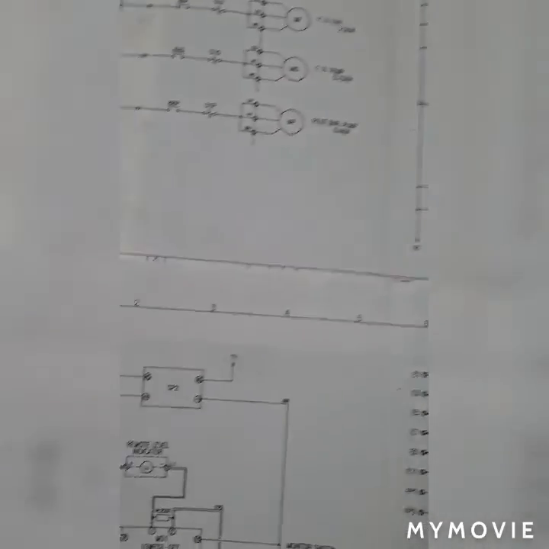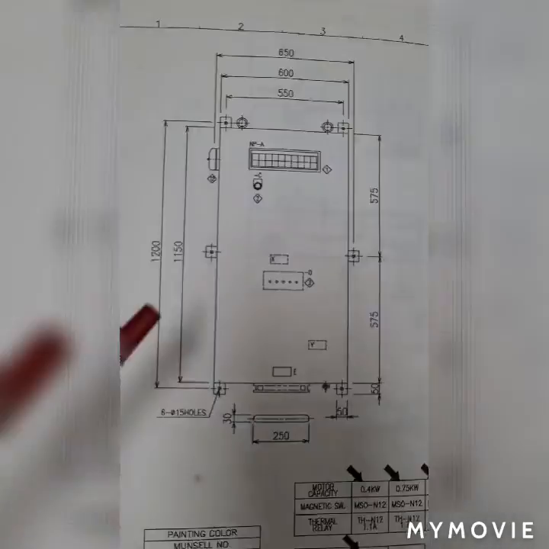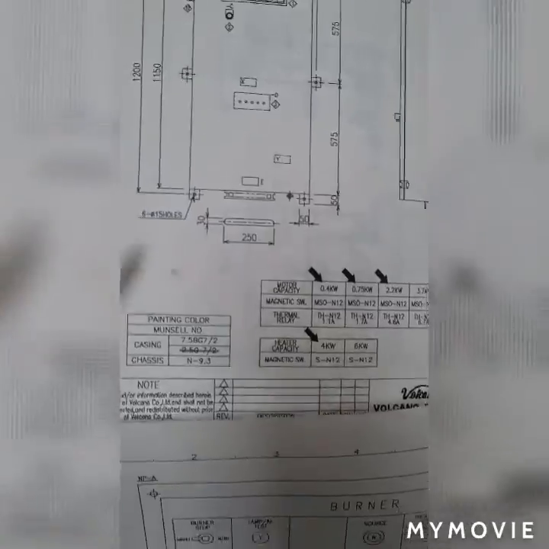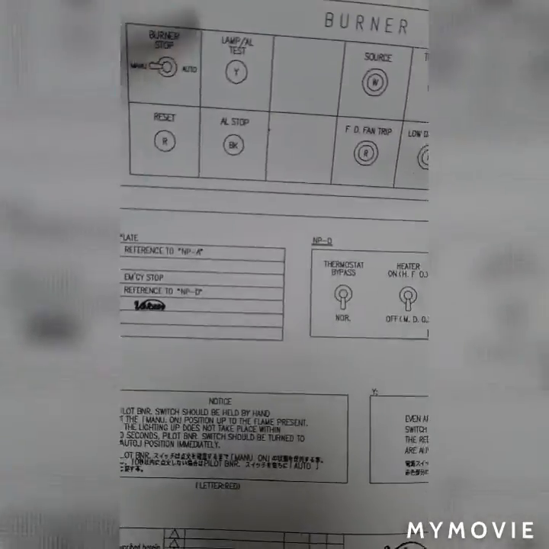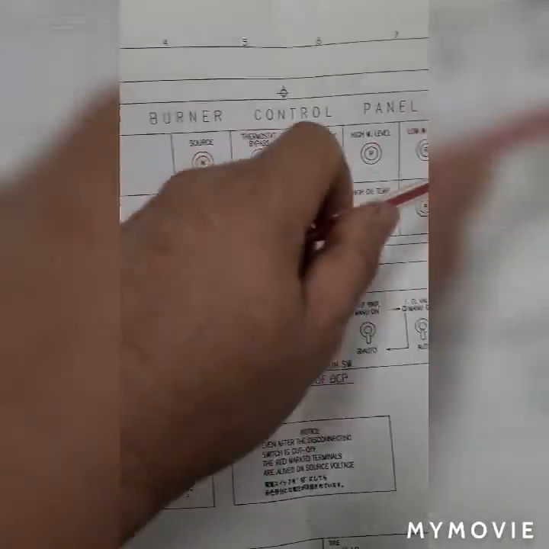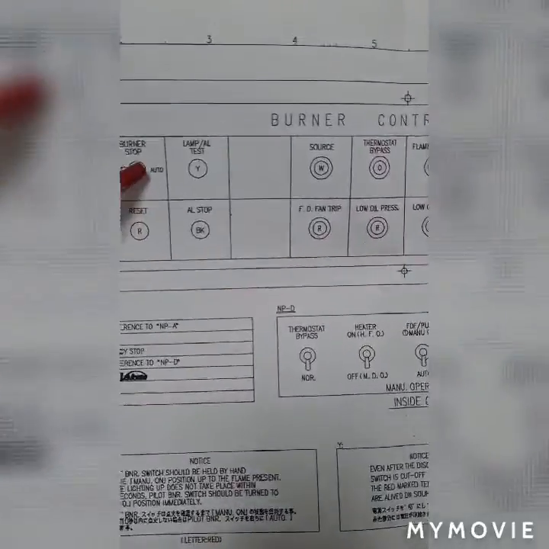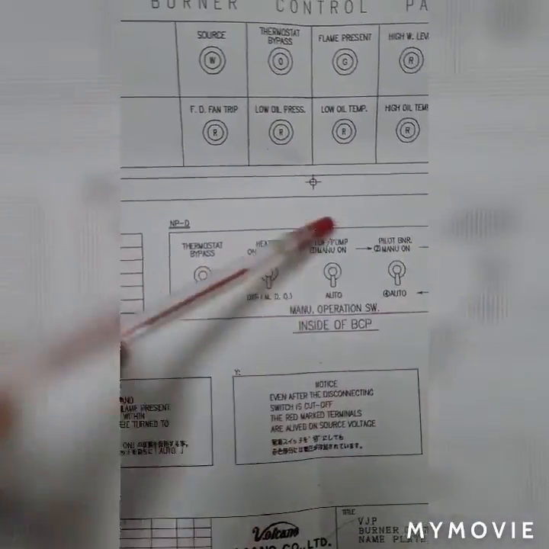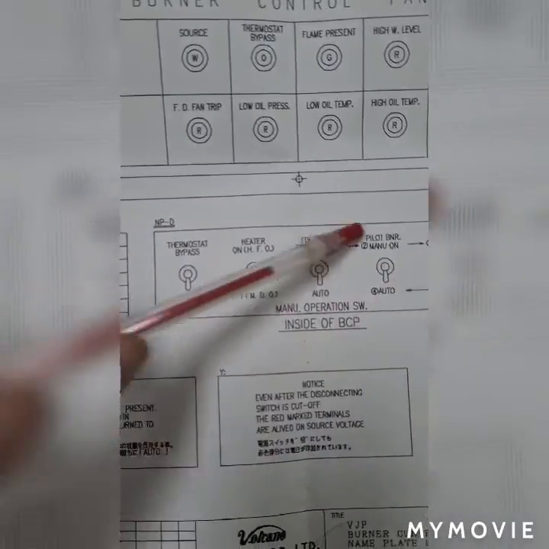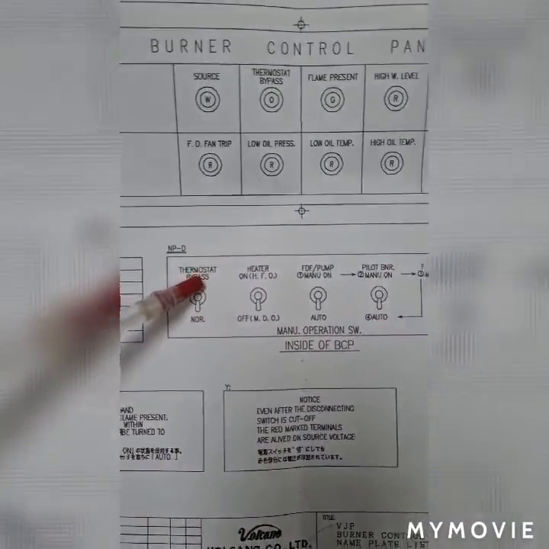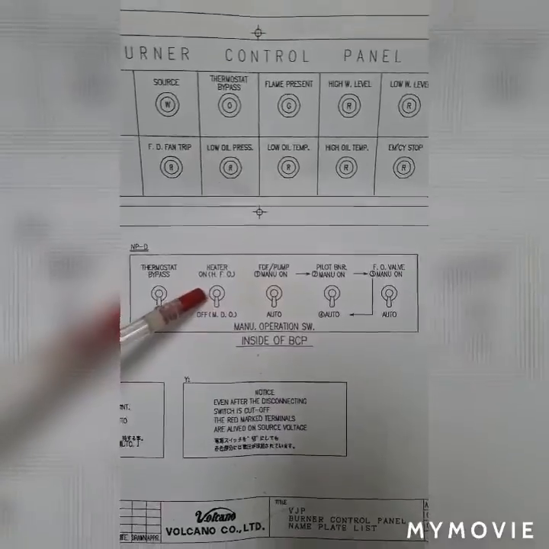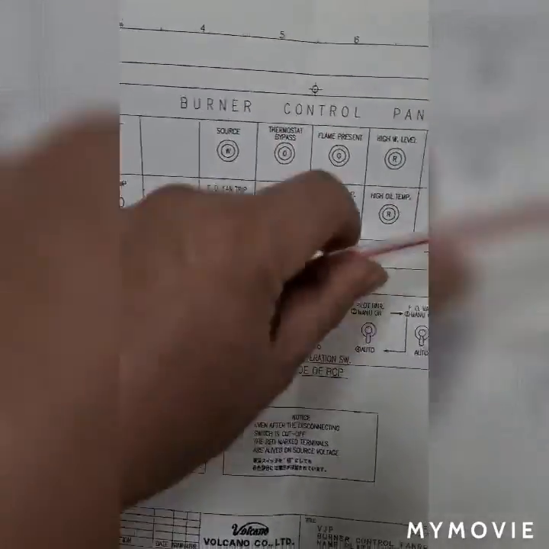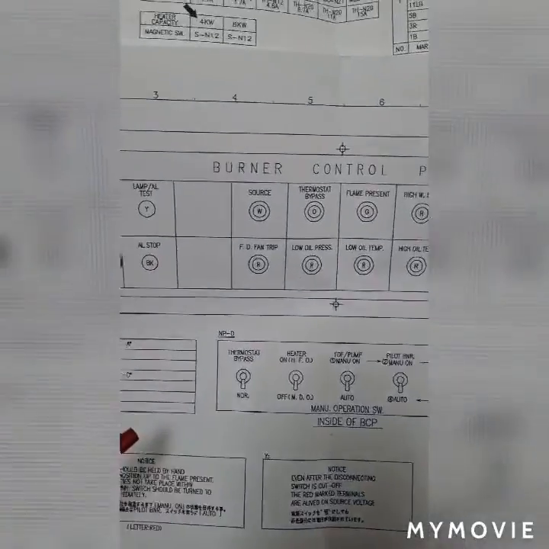To begin with, the boiler control panel, as you can see here, and from here there is a lot of switch and manual operation switch. I'm discussing now the automatic operation mode of the boiler.